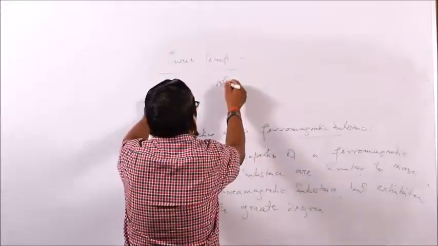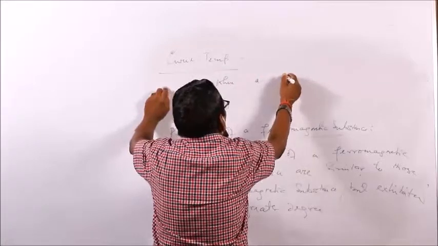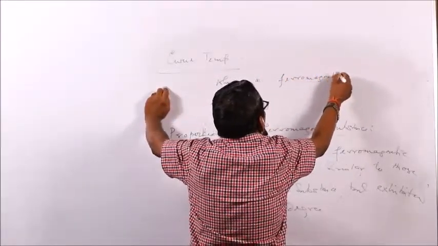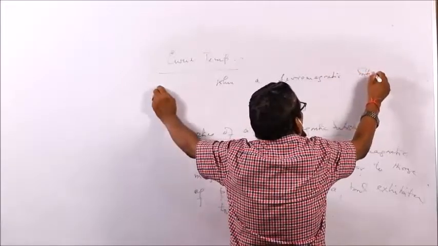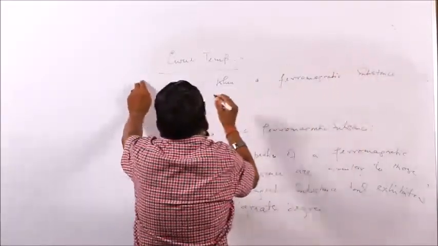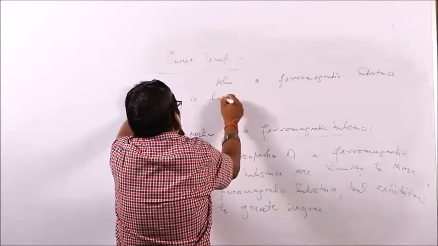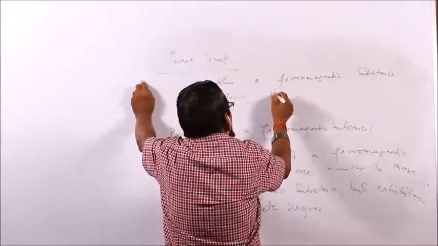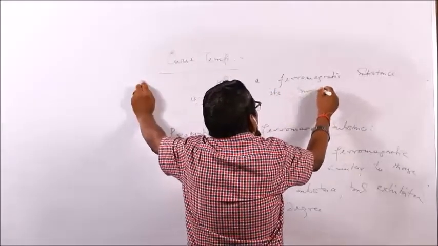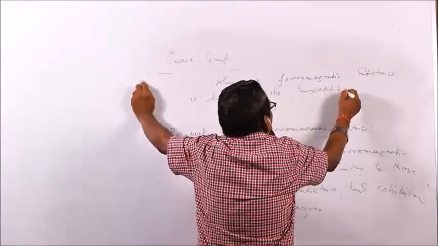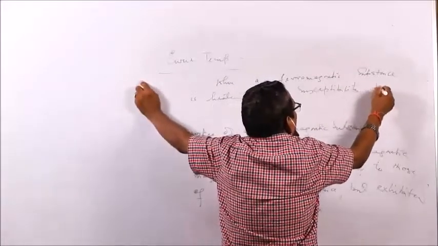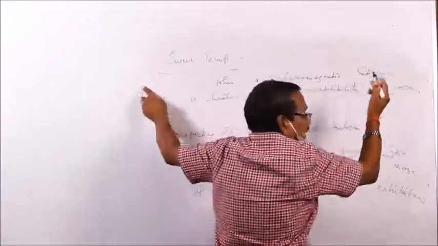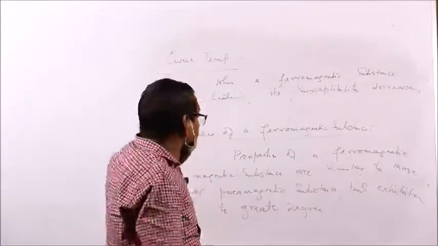It's very important: when a ferromagnetic substance is heated, its susceptibility decreases. As you know, if you heat iron, its magnetic properties will decrease.